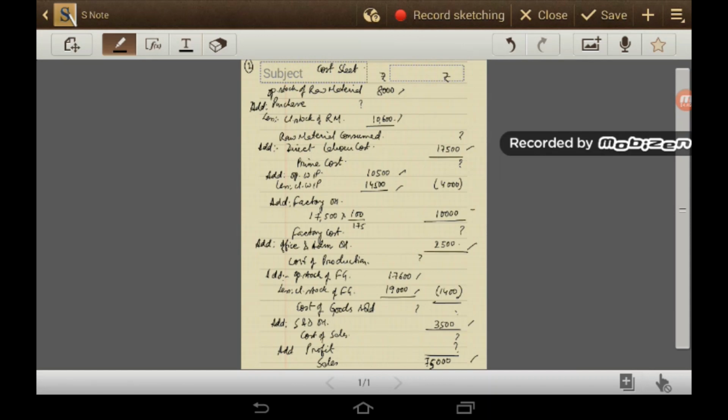So these are the figures which are available with us, and profit, cost of sales, then cost of goods sold, cost of production, then raw material consumed and purchase of raw material. So these are the figures we will find out.